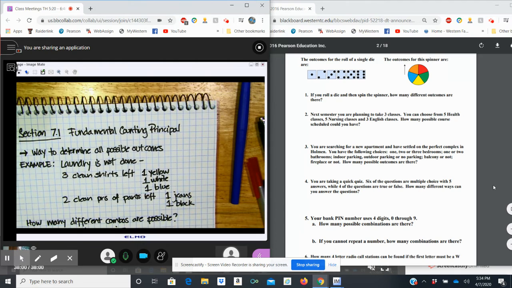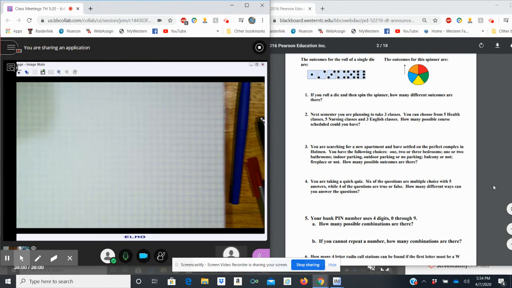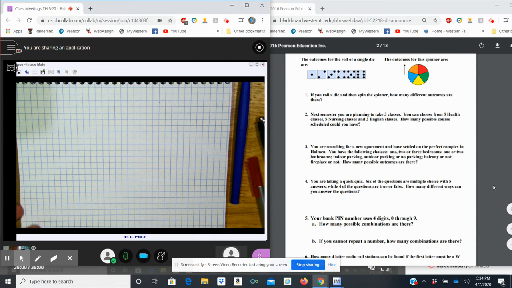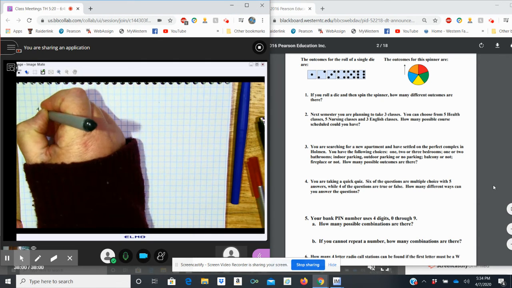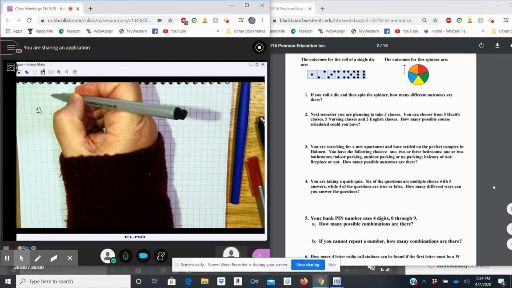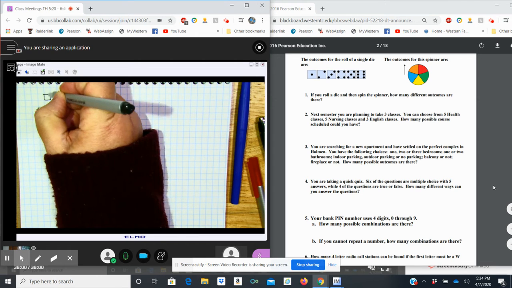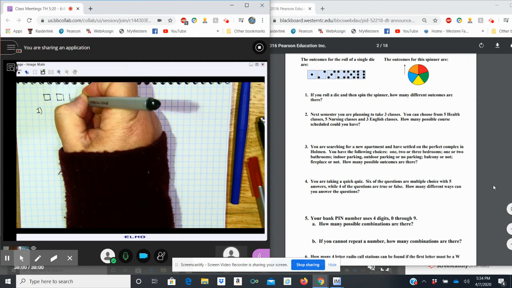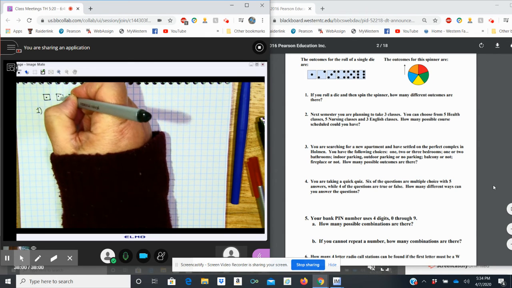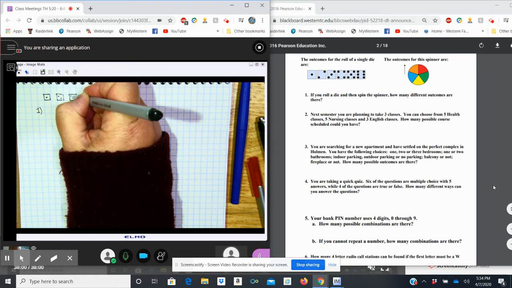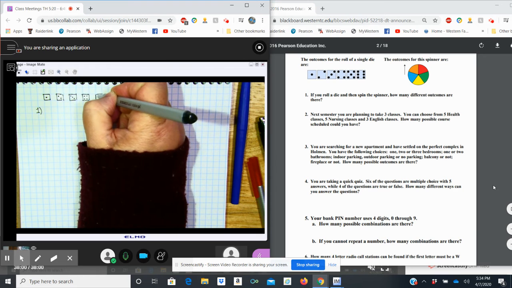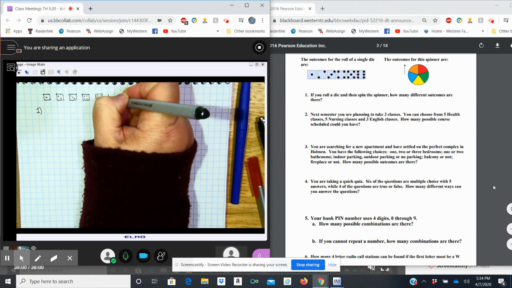Okay. All right. So in the notes, in 7.1 notes, in problem number 1, I have asked you, you have a single die, and a single, standard die has 6 sides, 1, 2, 3, 4, 5, and 6.